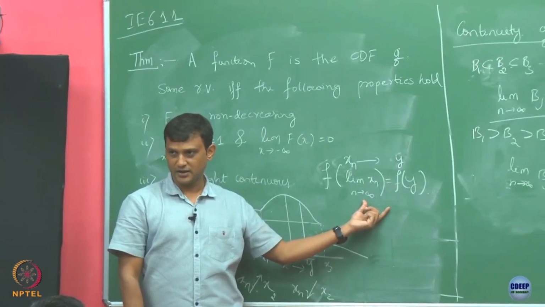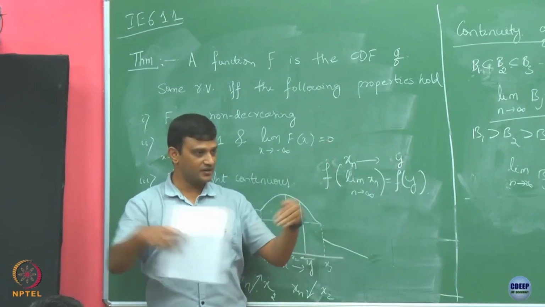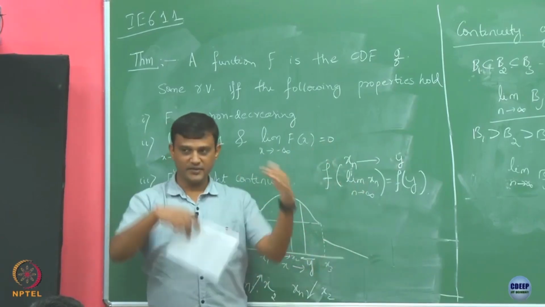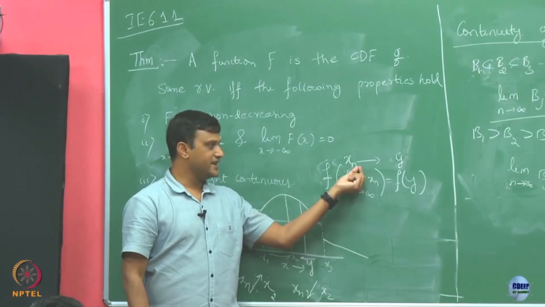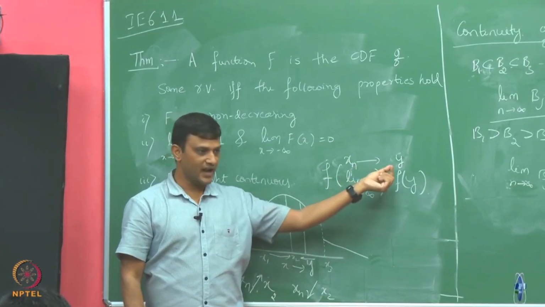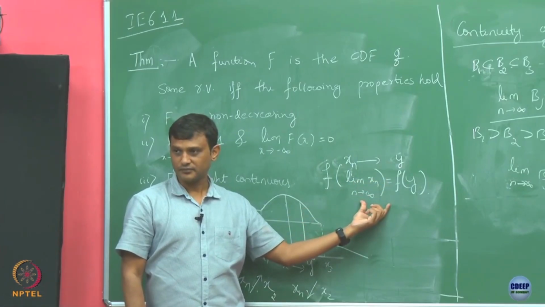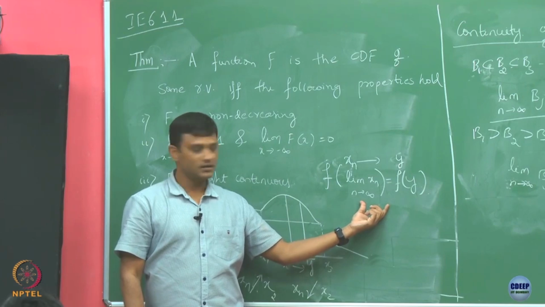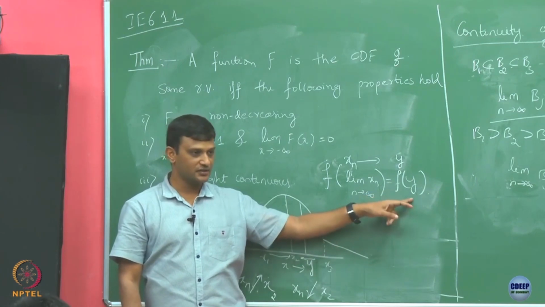This is true, right? Irrespective of how this sequence xn is converging to y, either from the left or right, we do not care, or it is a mix of both left and right. So any sequence xn that is converging to y should satisfy this property, and if this holds, then we say that my function f is continuous at y.